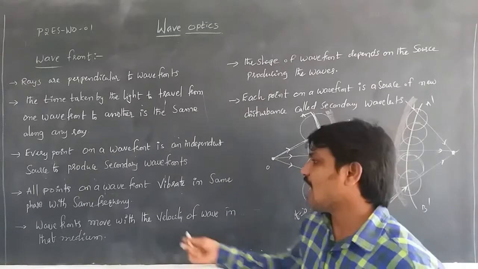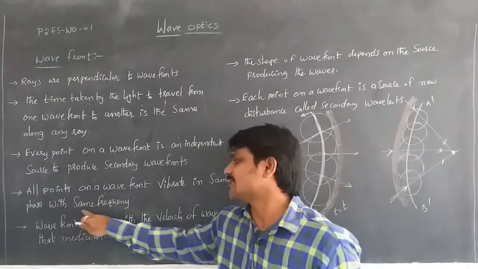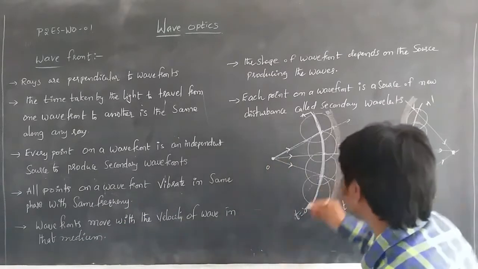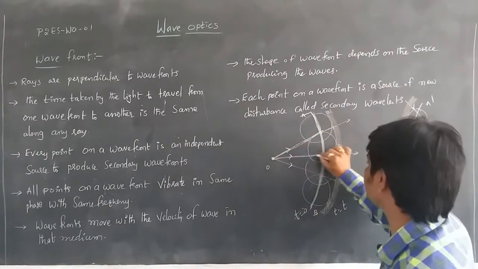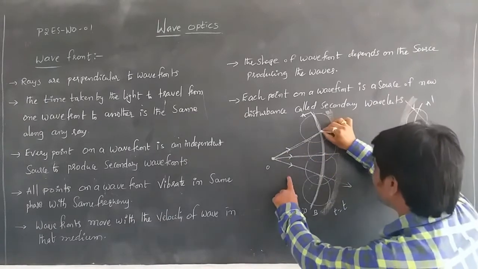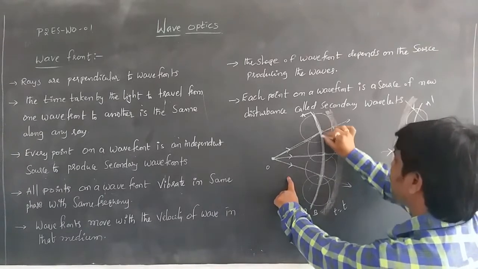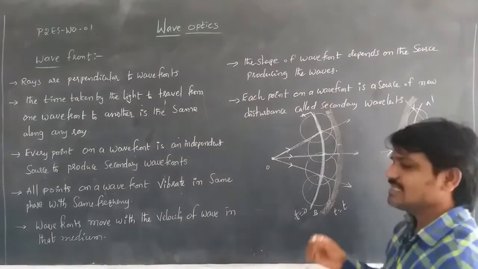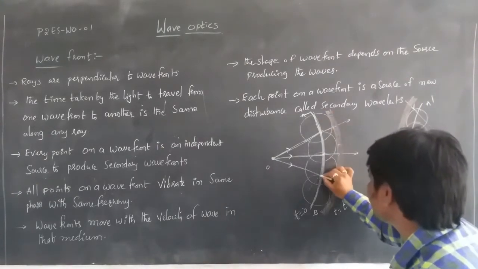The next one, all points on a wavefront vibrate in the same phase with the same frequency. The traveling distance is the same for this, this, and this. In the whole wavefront, every point is vibrating with the same frequency and also in the same phase.